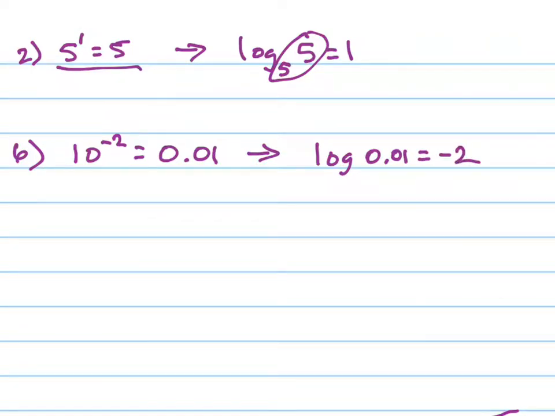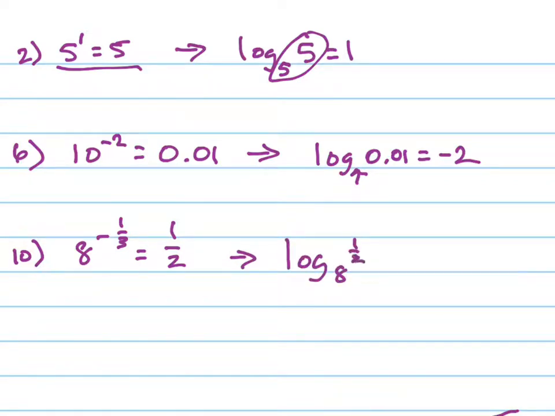Okay, in logarithmic form. Now again, notice, it was base 10, so I didn't bother to write it. Okay, look at number 10. 8 to the negative 1/3 equals 1/2. So that gives you log base 8 of 1/2 equals negative 1/3.